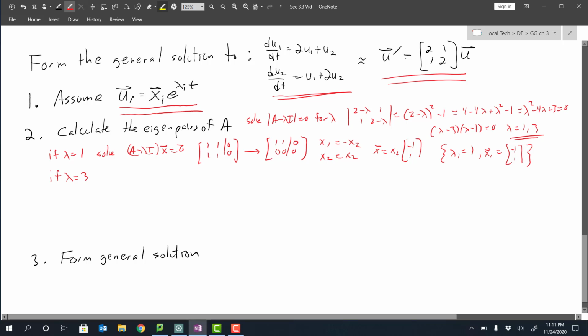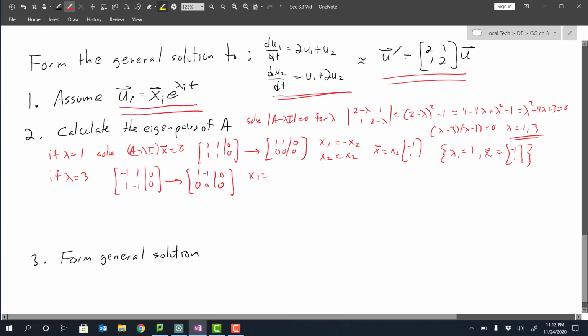If lambda is equal to 3, I will then subtract 3 on the diagonals to get negative 1, 1, 1 and negative 1 augmented with 0. I'll do my row reduction here. I'll take row 2 plus row 1. That will give me a row of all zeros. I'll multiply the first row by negative 1 to get this value. Now I'm in row reduced echelon form.